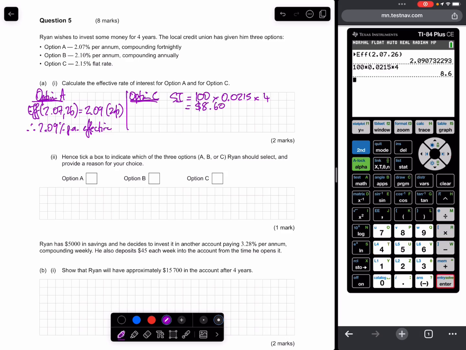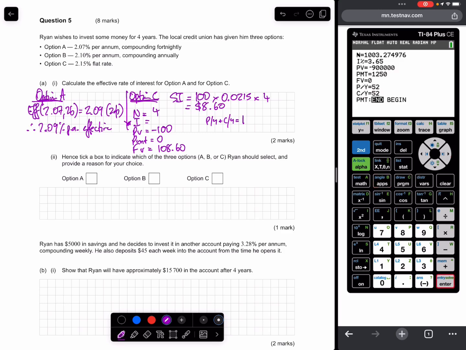So plugged into a compound interest situation, 4 years. Interest rate is unknown, that's what we're trying to find. You put in $100, invested, no payments, you were just growing it by compound interest. FV, it grew to $108.60. PY and CY are both compounding once a year for the effective rate.